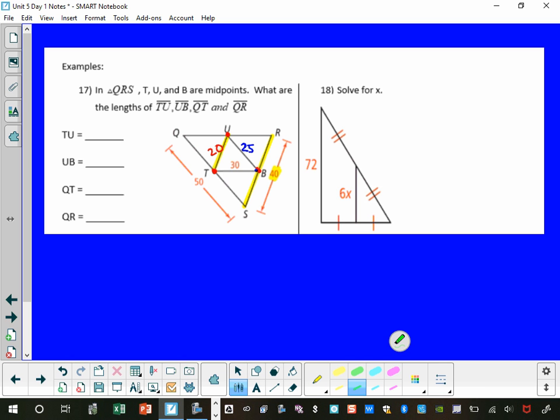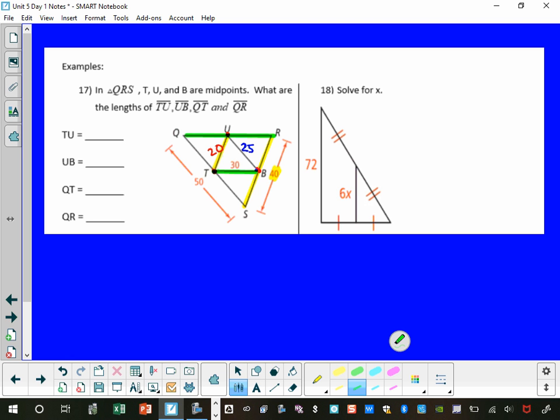Alright, we have one more. This side does not have a number. Diana, what side is parallel to QR? T what? No, remember if it's parallel, it has to go the same direction. So what else goes that same direction? TV. You guys get what I mean by what's parallel?